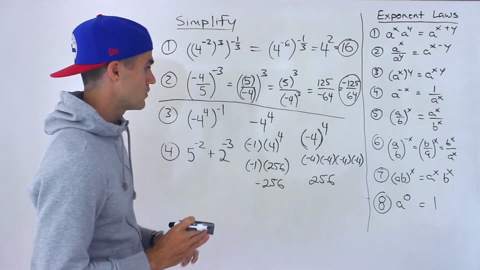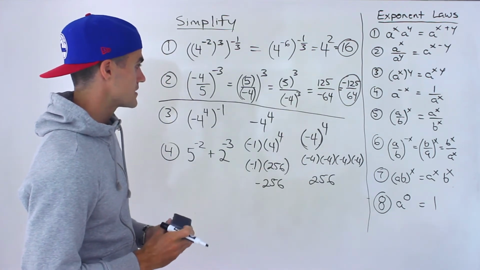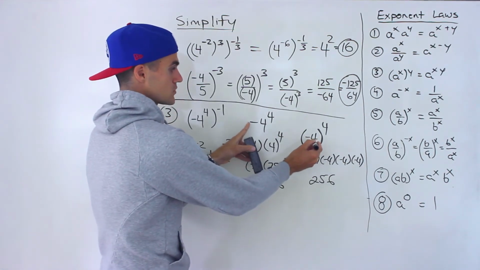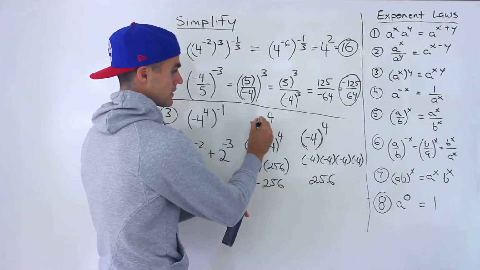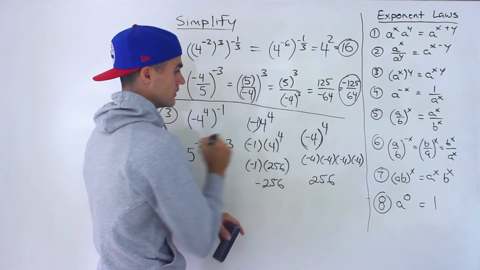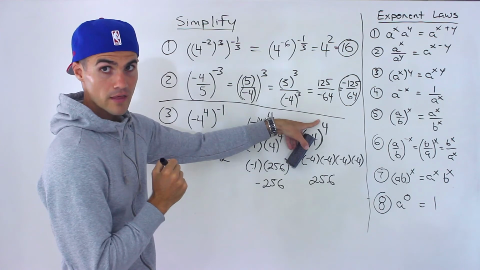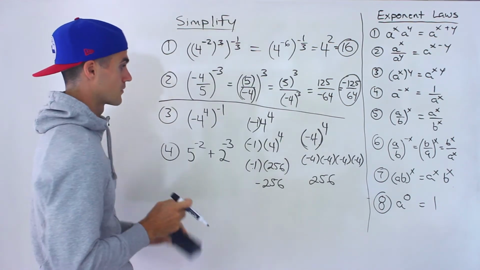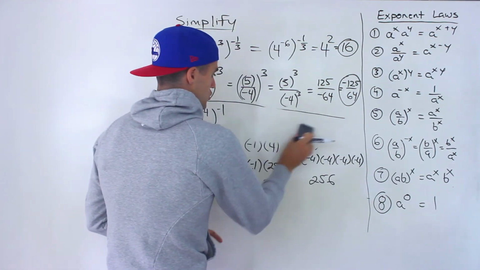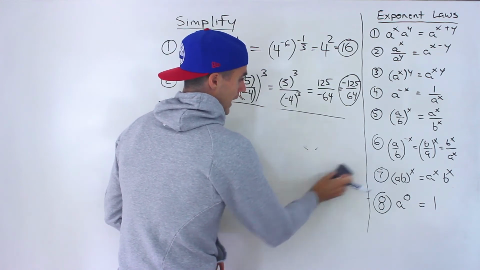So just be careful in your homework or on tests differentiating between stuff like this. If there's no bracket here, then there's like a negative 1 in front. But if there is a bracket, then it's -4 to whatever that exponent is. Okay, if you want to generalize this, we could maybe even add that to the rules.